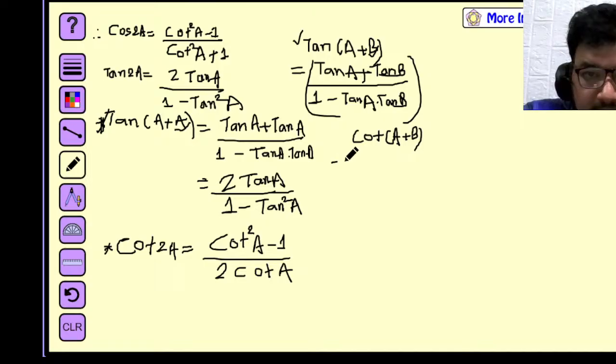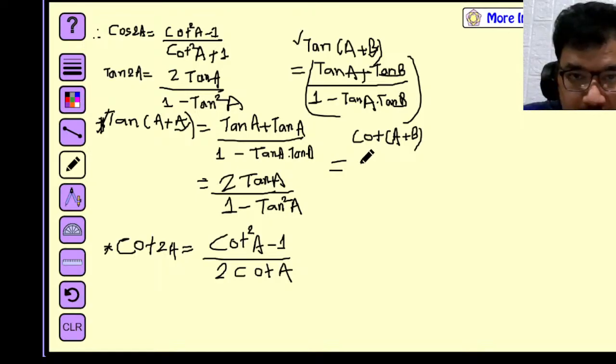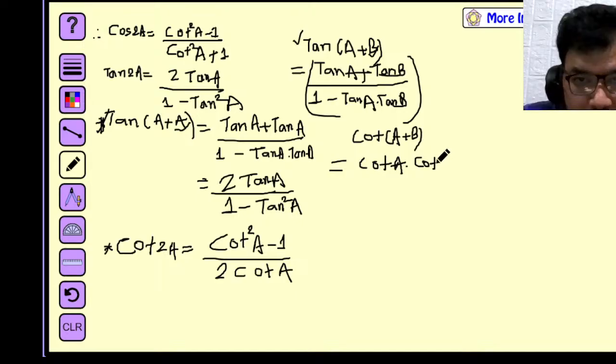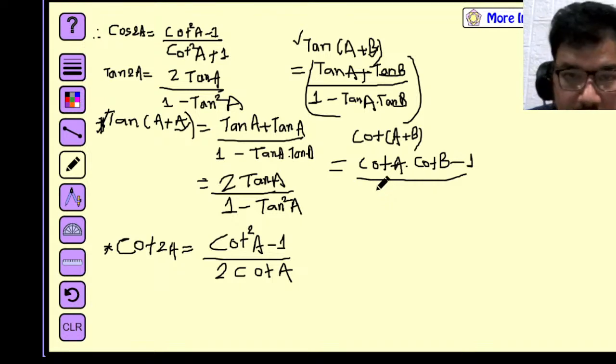This formula is cot A into cot B minus 1, and down there will be cot A plus cot B. We can add B first also, no problem: cot B plus cot A.